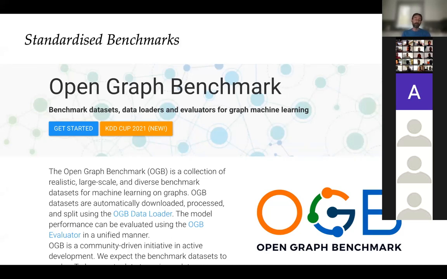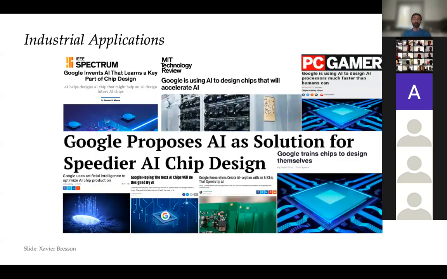In this field, just a few years ago, everybody was publishing results on their own dataset, and it was very difficult to compare different methods. So the availability of standardized evaluations such as Open Graph Benchmark at least makes it much easier to compare to the existing state of the art. I don't necessarily think that achieving state of the art results on a benchmark or multiple benchmarks is really the goal of research in this field, but it's still important.